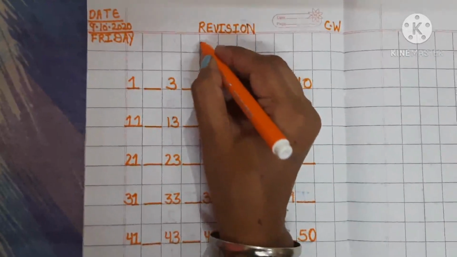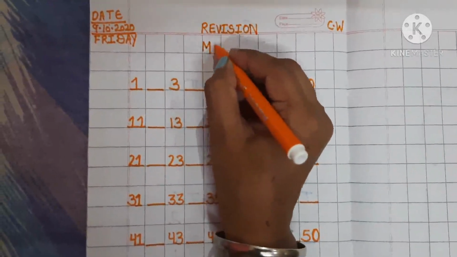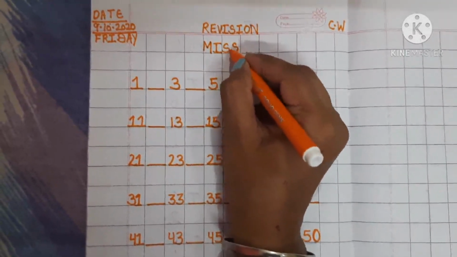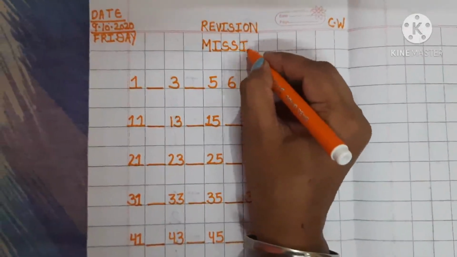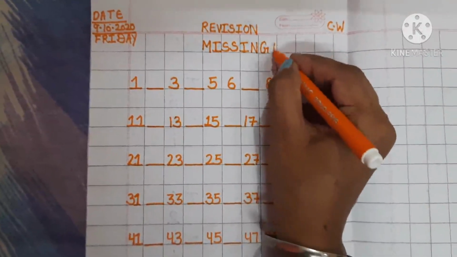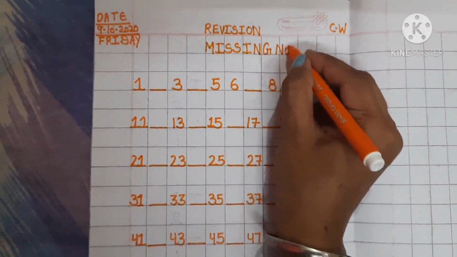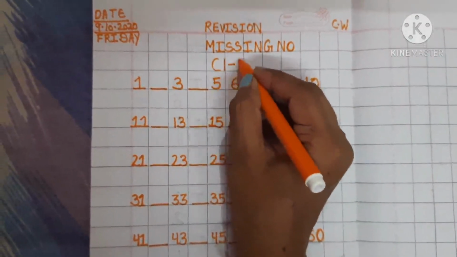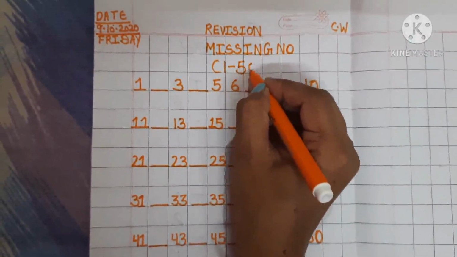Missing number, M-I-S-S-I-N-G, missing number. In the bracket write down 1 to 50.